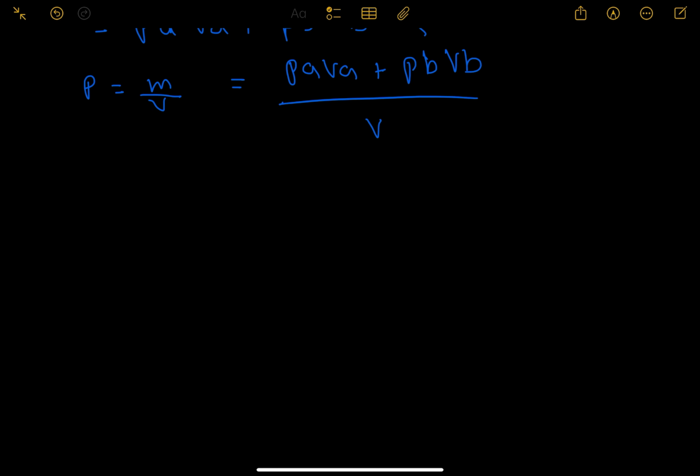So that is pretty much the process of finding the density of alloys.